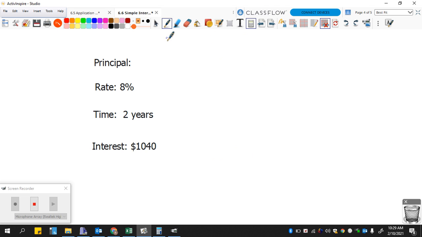Remember, interest is equal to principal times rate times time. The same type of thing. Interest is 1,040. The principal is what we're looking for, times the rate, which is 8%.